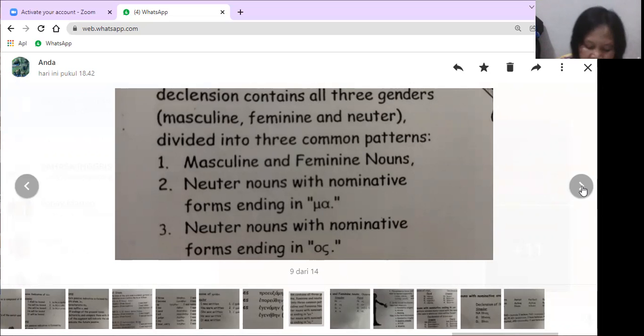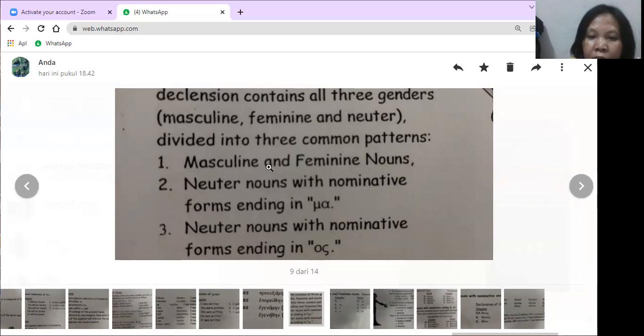Declension means a grouping together of nouns with common endings. And declension contains all three genders, masculine, feminine, and neuter, divided into three common patterns.